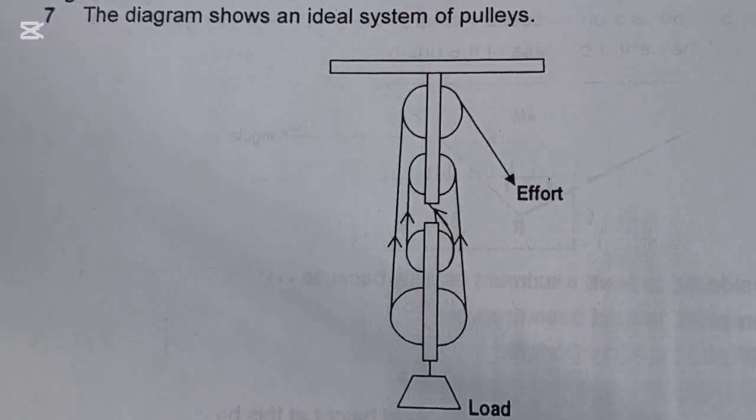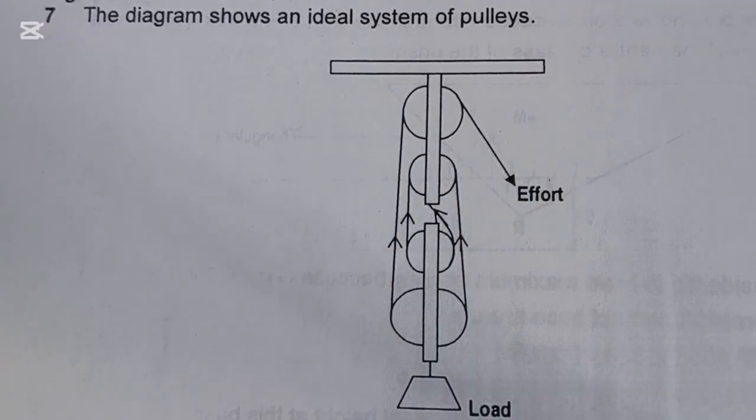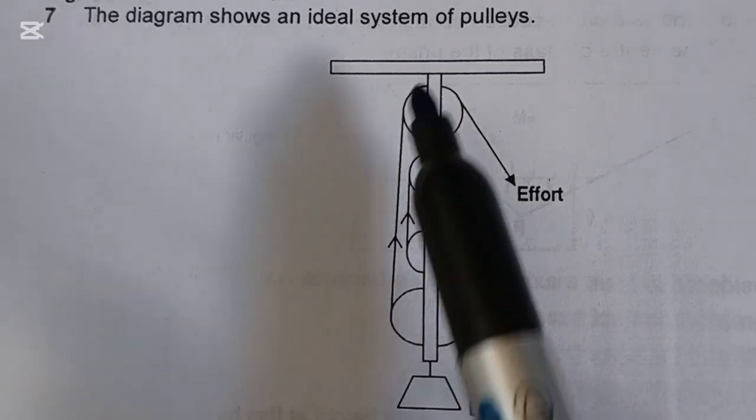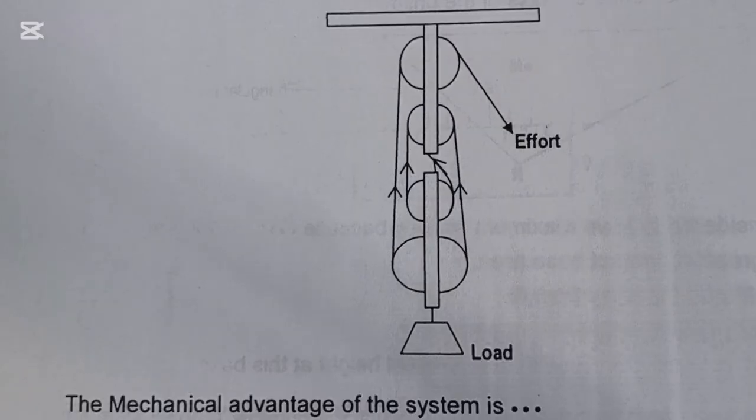The diagram shows an ideal system of pulleys. We have 1, 2, 3, 4, so we have 4 pulleys. That is the effort, and we have the rod.